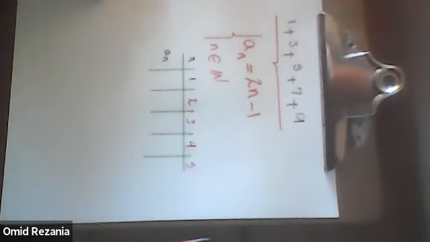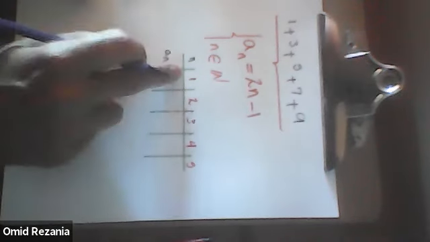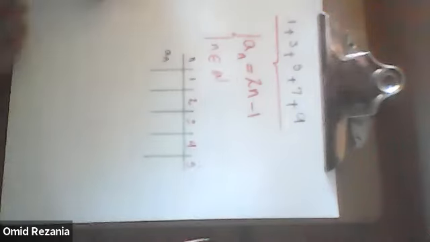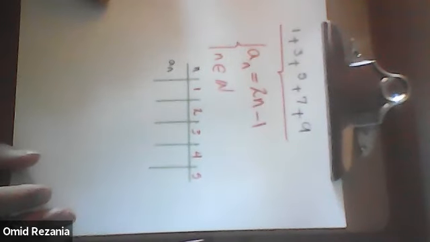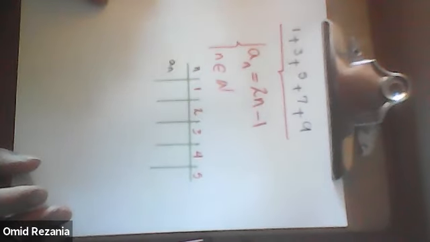If I put n equal to 1 in this function, what is going to be a of n? 1, correct.